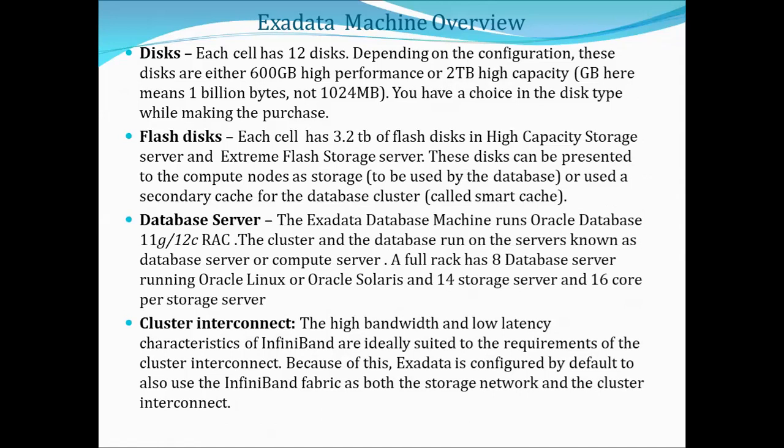Cluster interconnect. Generally, in a normal data center, we use private IP as the cluster interconnect, but in the Exadata machine, private IP is not used. We use InfiniBand, which provides high bandwidth and low latency.